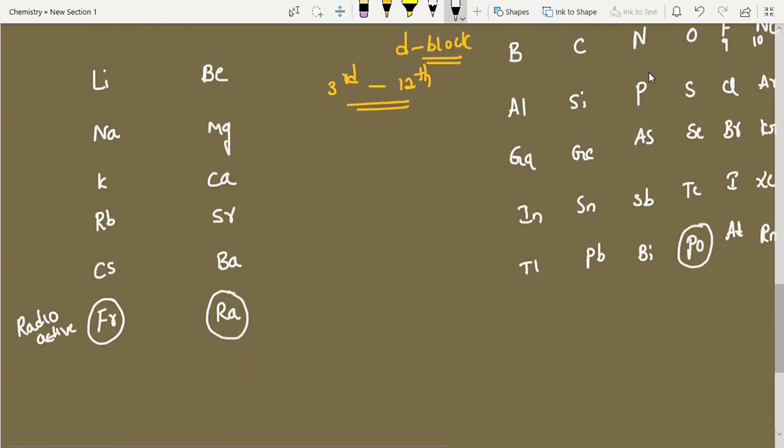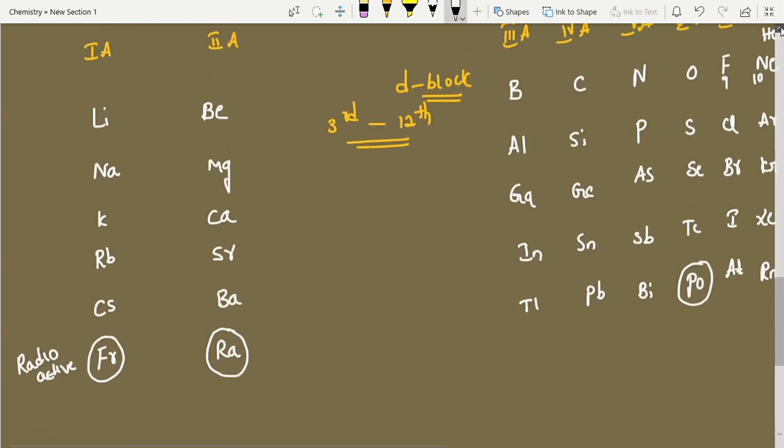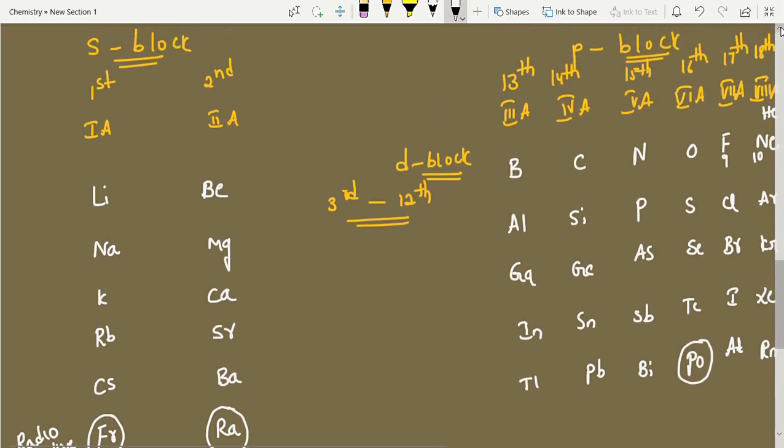First A group elements and second A group elements: learning oxidation states is very easy, students, because here there are no exceptional cases. I will write here, look into this. First A group elements, general electronic configuration ns1. Second A group, general electronic configuration ns2.